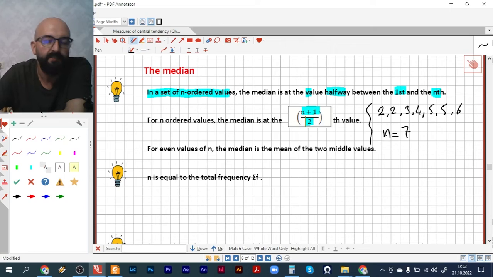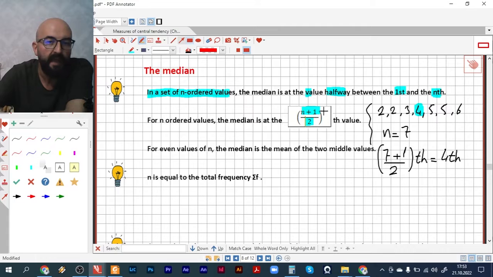So when we order these data from the smallest number to the biggest number, the middle of the data, 7 plus 1 over 2, is the fourth data. Our fourth data, 1, 2, 3, 4, is the median.